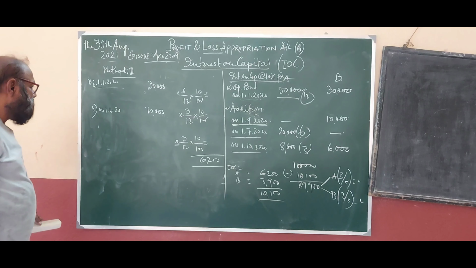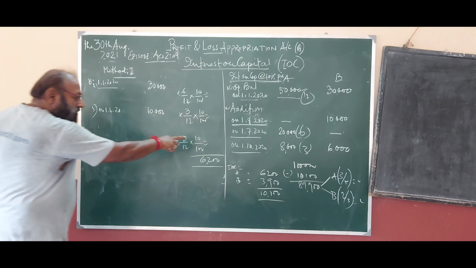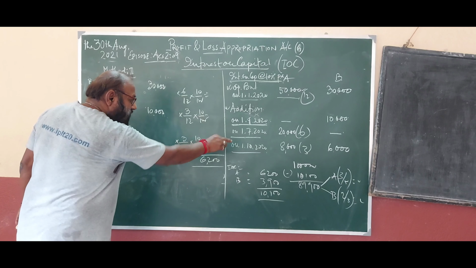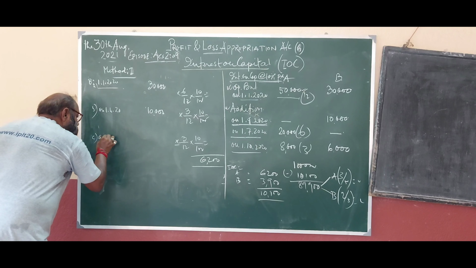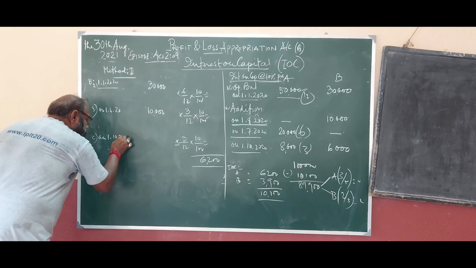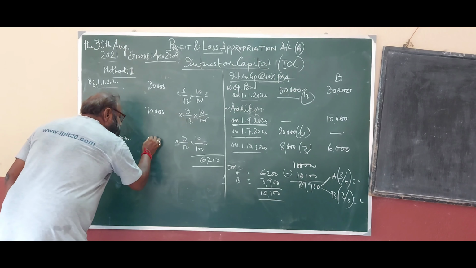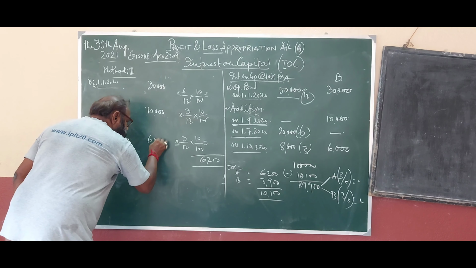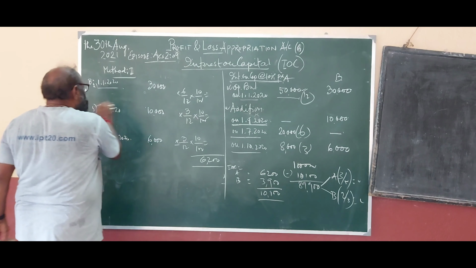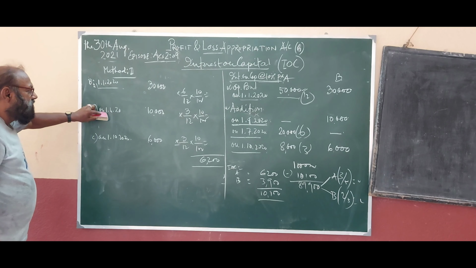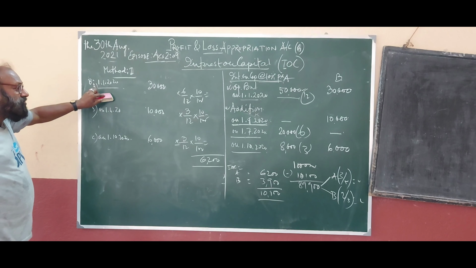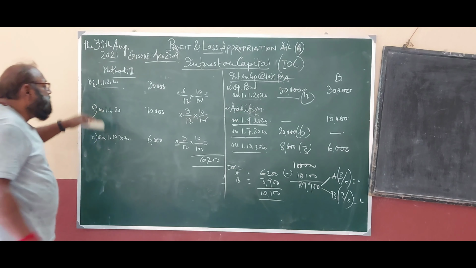And on 1/10/2020, he invests another 6,000. Clear? In the same fashion, just see that before the second investment, how many months have elapsed? 3 months.